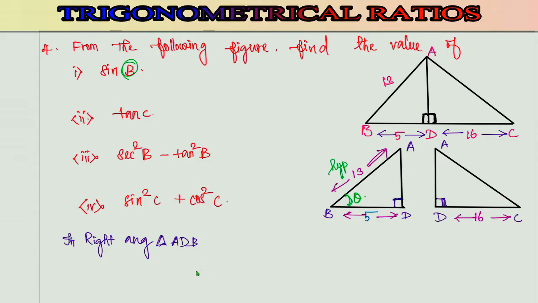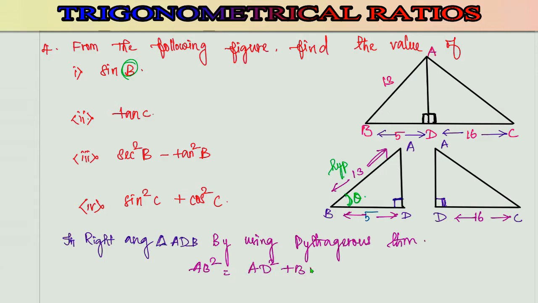To find AD side, I am going to use the Pythagoras theorem. Hypotenuse side is AB. So AB square is equal to AD square plus BD square. We know AB value is 13, so 13 square is equal to AD, the unknown value, plus BD value, 5 square.